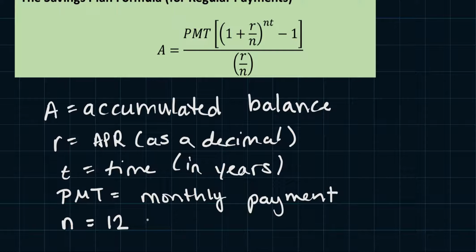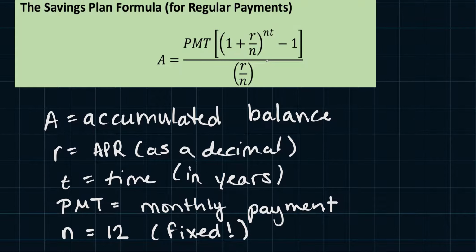You could choose a different N depending on your bank account, but for all the problems that we're going to look at, N is going to be 12. This is going to be fixed. We're compounding monthly. You're never going to have to change that involving this problem or this formula.